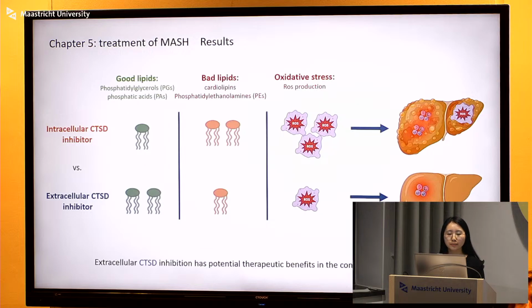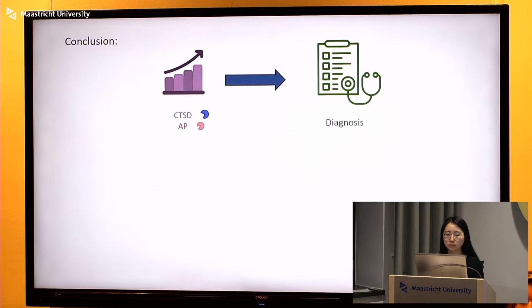In conclusion, extracellular cathepsin inhibition has potential therapeutic benefits in the context of MASH. In this presentation, we showed that lysosomal enzyme cathepsin D and AP can detect ALD and metabolic syndrome, respectively.